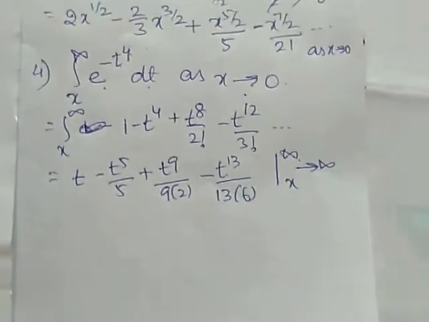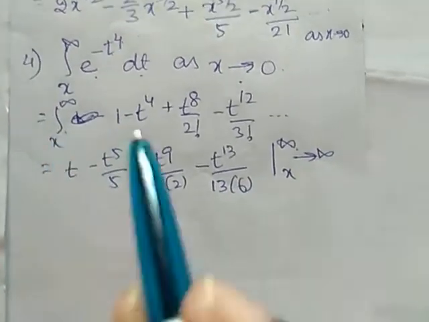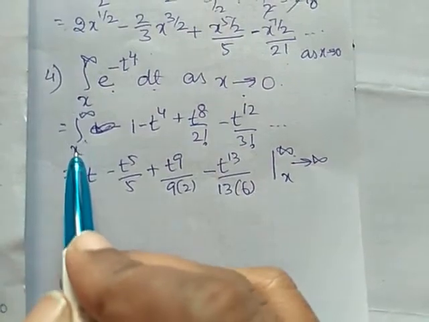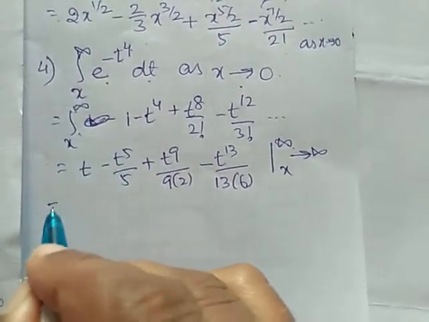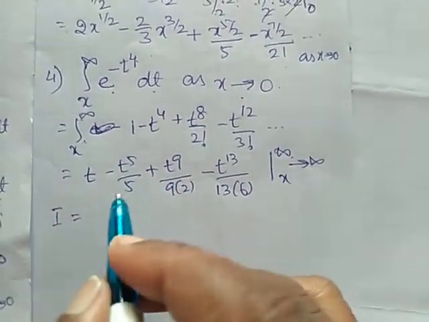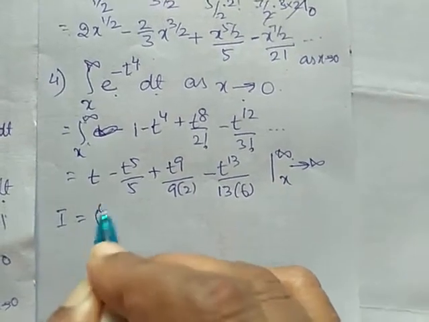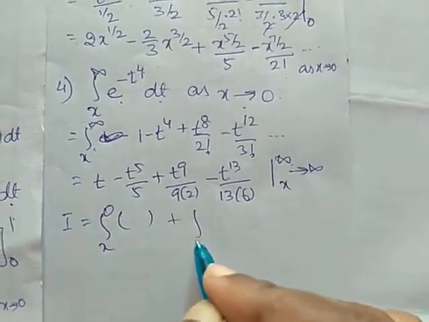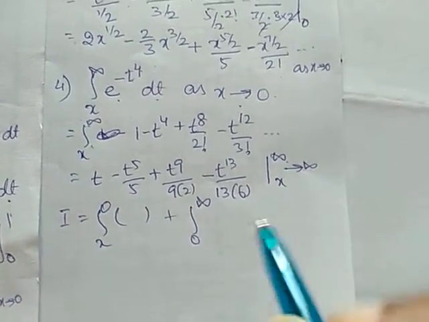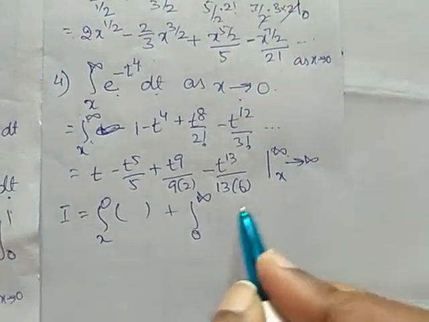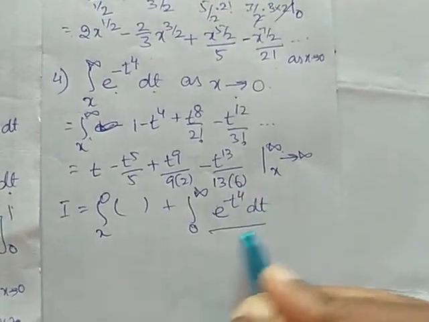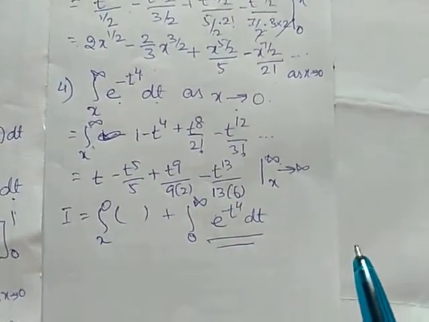For the same solution, if we split the integral, we can split the integral from x to infinity as x to 0, the terms, plus 0 to infinity. So whenever we have 0 to infinity e power minus t power 4 dt, this is our gamma function.